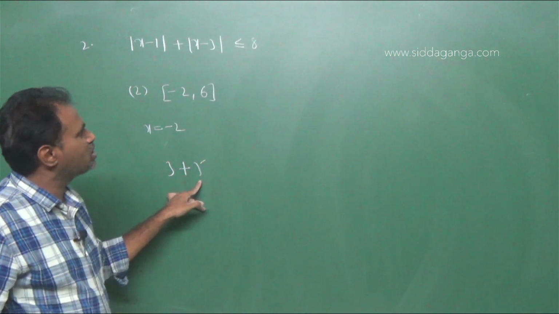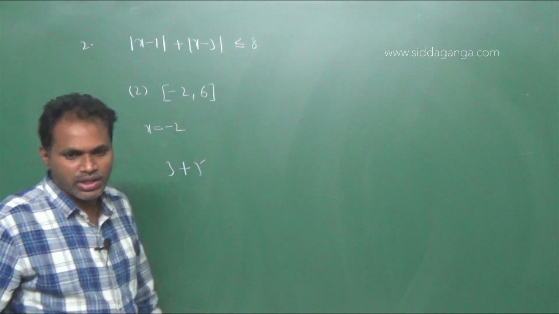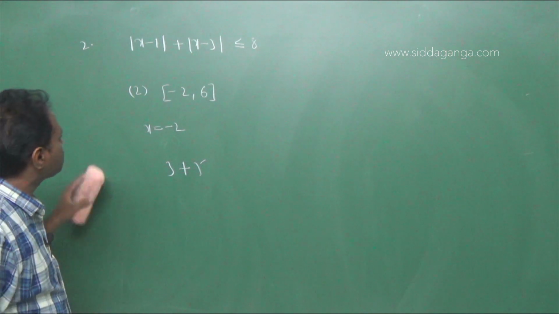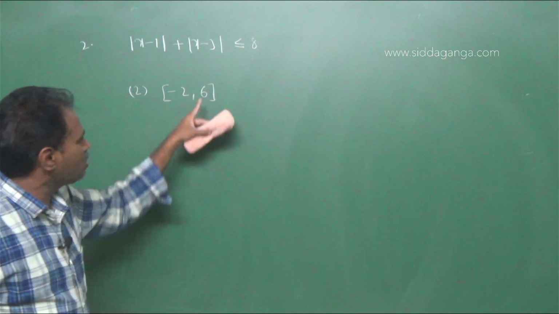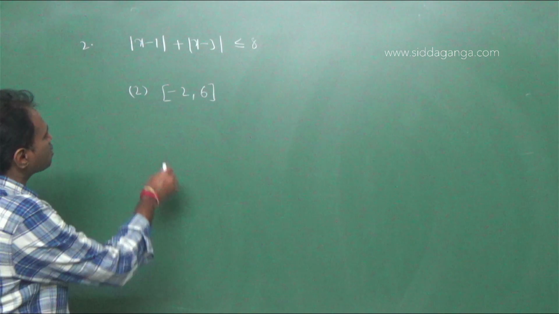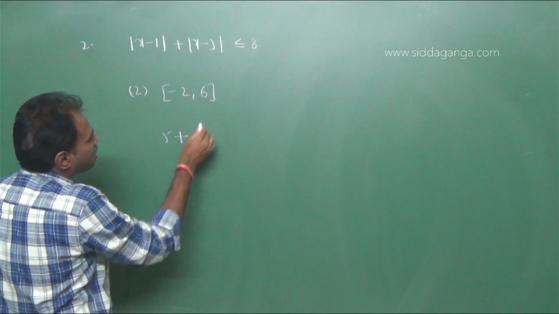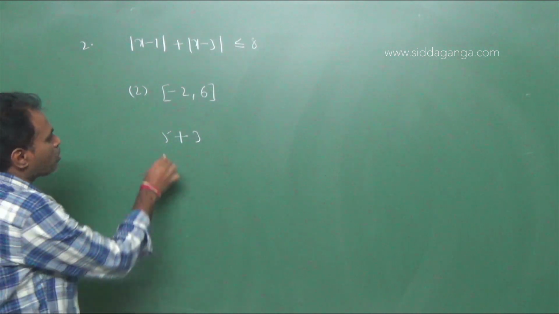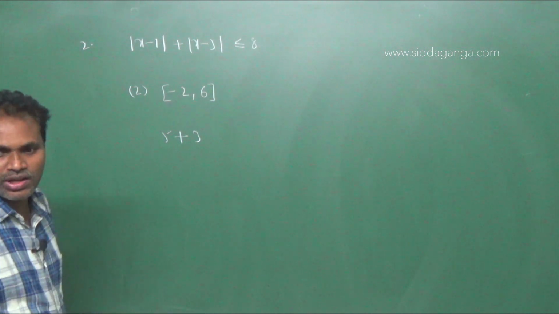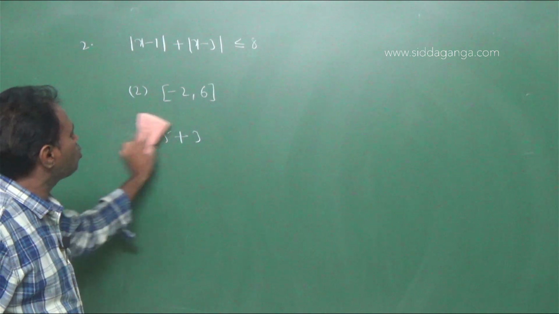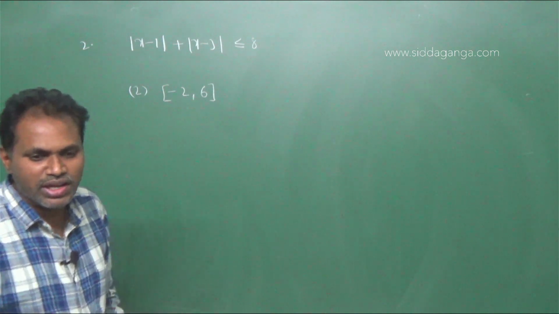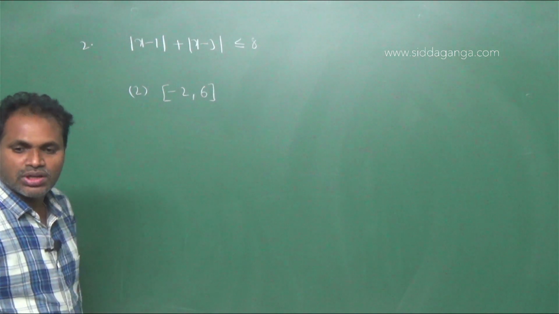Therefore, 3 plus 5 is 8, and 8 is less than or equal to 8. So -2 satisfies this inequality. Now check 6: |6 - 1| = 5, plus |6 - 3| = 3. Therefore 5 plus 3 is 8, which is less than or equal to 8. Therefore, option 2 satisfies the inequality, so option 2 is the right option.